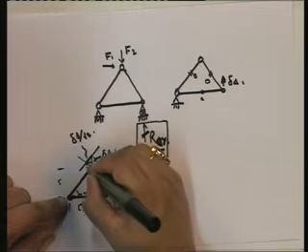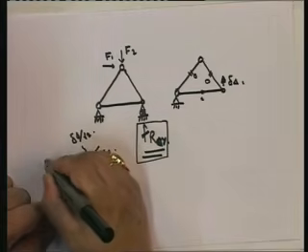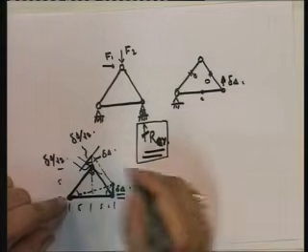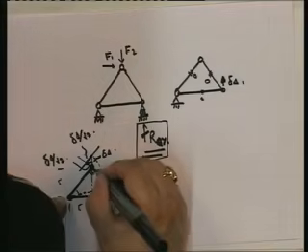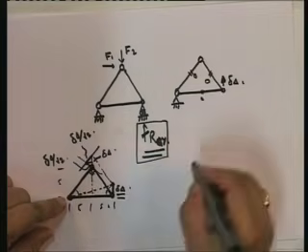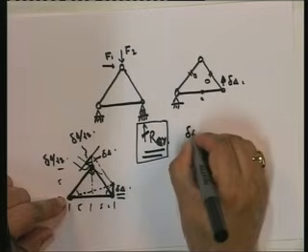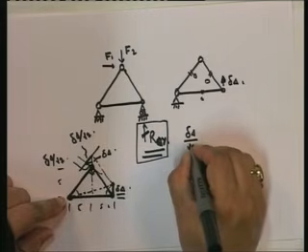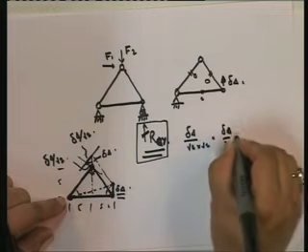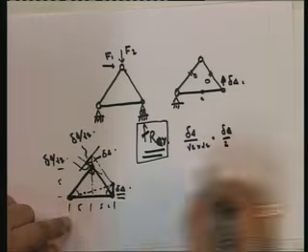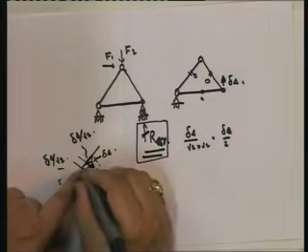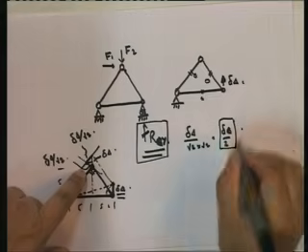Similarly, you will see that this is equal to delta by root 2. And if you look at the total horizontal motion, it's going to be delta root 2 by root 2. So that's going to be delta by 2. Therefore, this point has moved vertically by delta and horizontally by delta by 2.